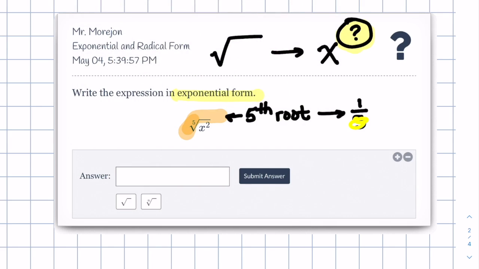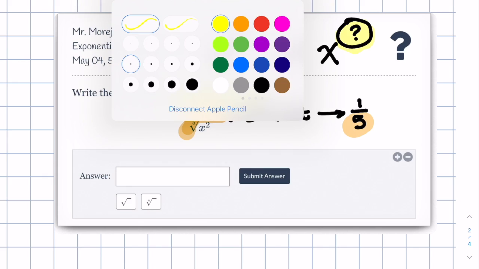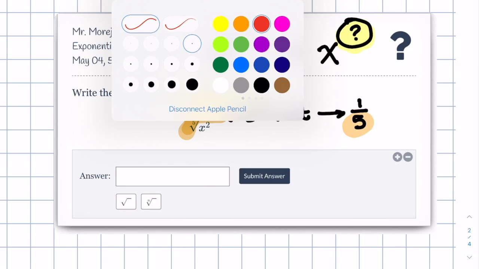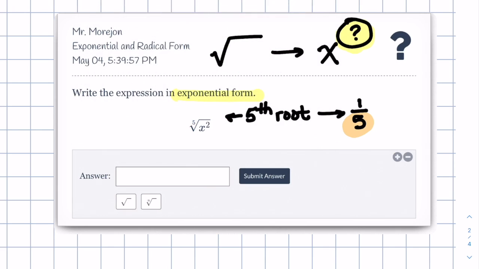So now we definitely know that the denominator of the exponent should be 5. So then what is the numerator? What is the top part? Well, that's going to be this, the 2.